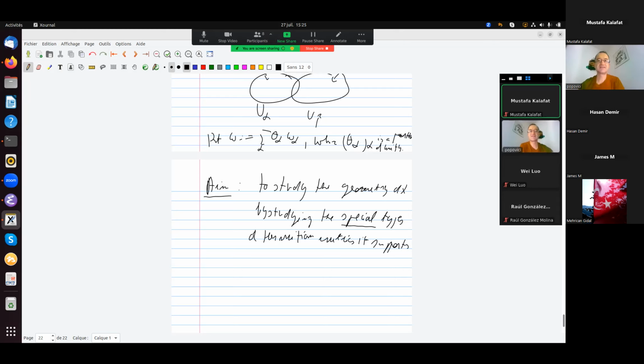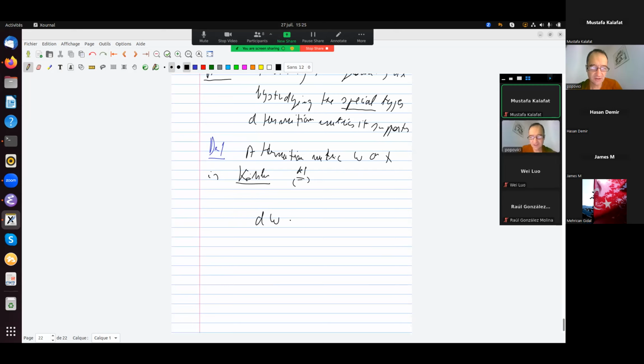And now let us start with defining the most special metric, which is called Kähler metric. Definition. A Hermitian metric omega on X is Kähler if and only if, by definition, it is closed.